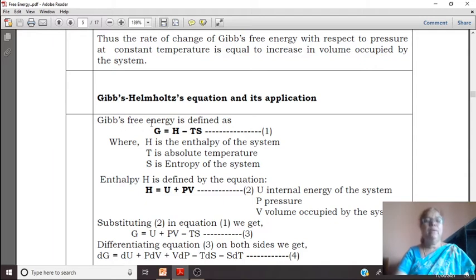You know, the Gibbs free energy is mathematically defined as G equal to H minus TS, where H is the enthalpy of the system, T is the absolute temperature and S is the entropy.